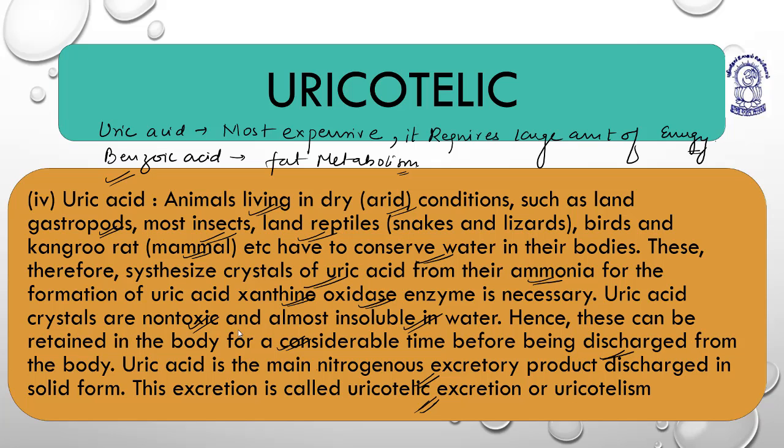These therefore synthesize crystals of uric acid from their ammonia. For the formation of uric acid, xanthine oxidase enzyme is necessary. Uric acid crystals are non-toxic and almost insoluble in water, and that is why they can be easily retained in the body for a particular time before being discharged from the body.